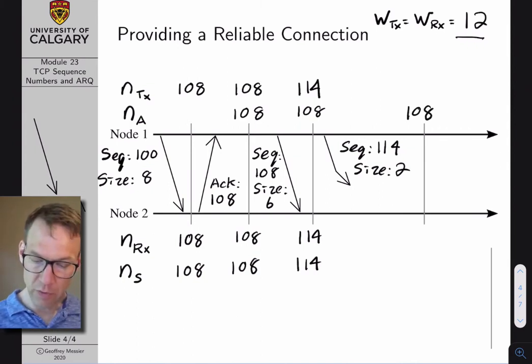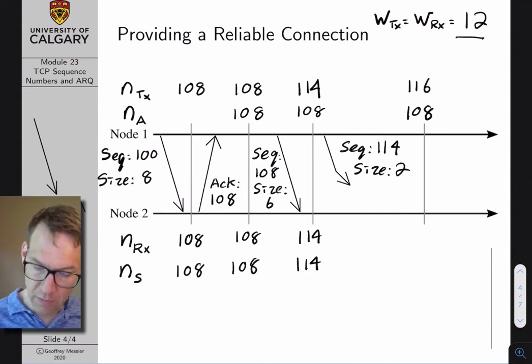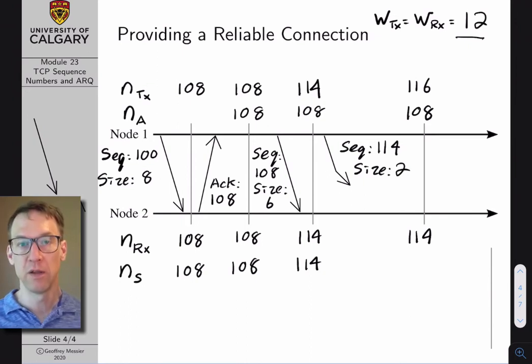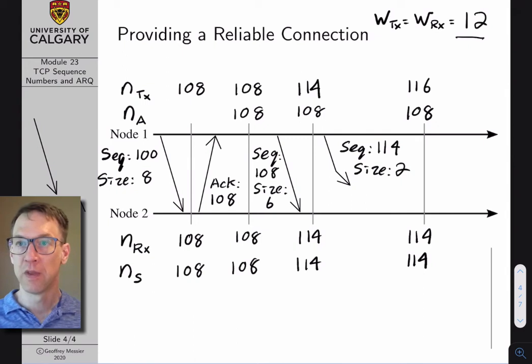The sequence number the transmitter wants to send next is now 116. However, the next byte that we expect at the receiver is still 114, and NS is still 114.